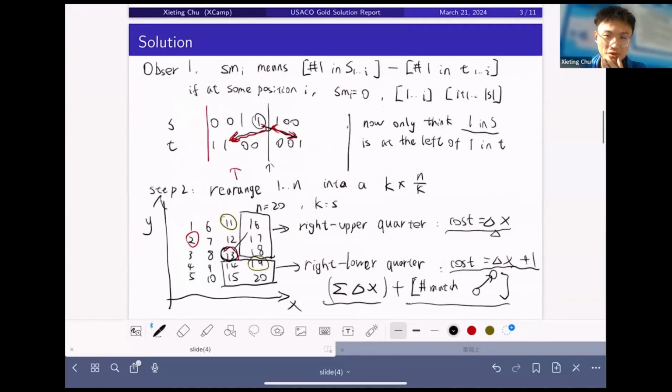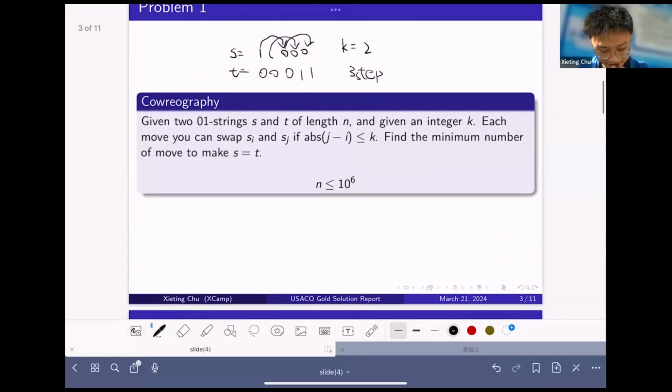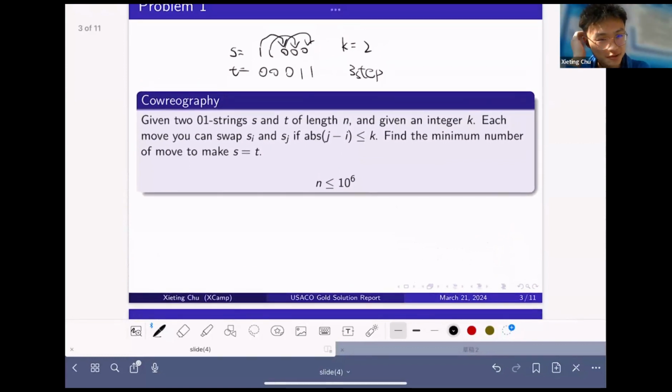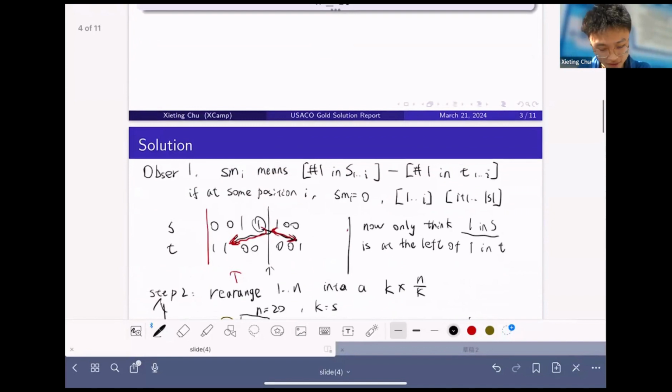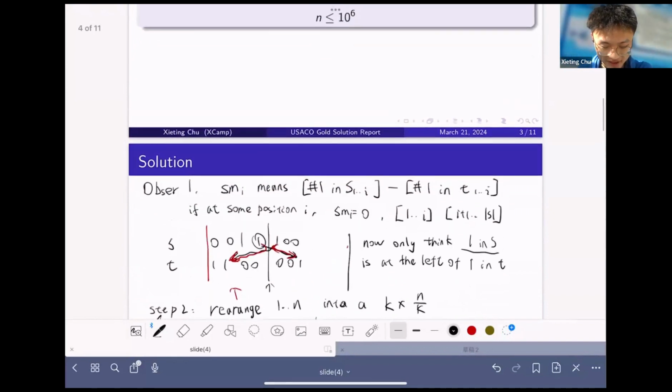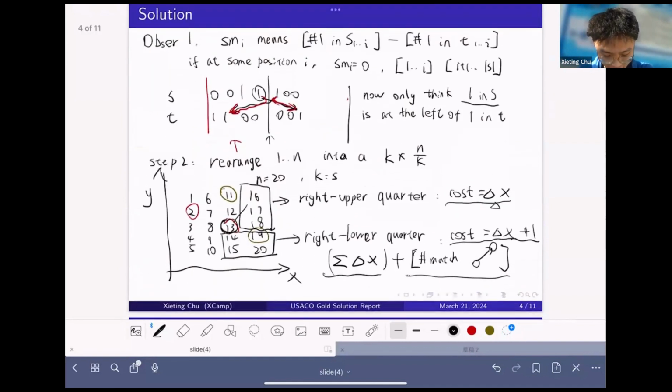So for problem 1, I think this is just a greedy problem, and you know that for greedy problems, generally we do not have many formulas to solve them, and it depends heavily on your insight, whether you can think of a better way to reformulate the problem.